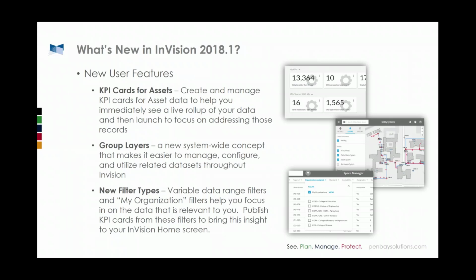So this group layers capability allows you to organize your layers by system or by whatever other concept you choose, and then turn them on and off together to avoid the table of contents from hell that happens when you have just a vast number of different feature classes that need to be all turned on or all turned off individually.